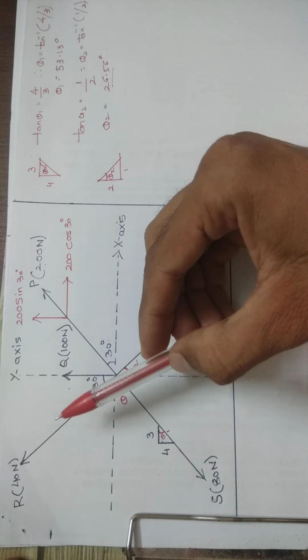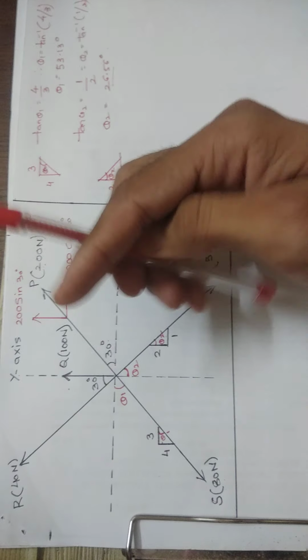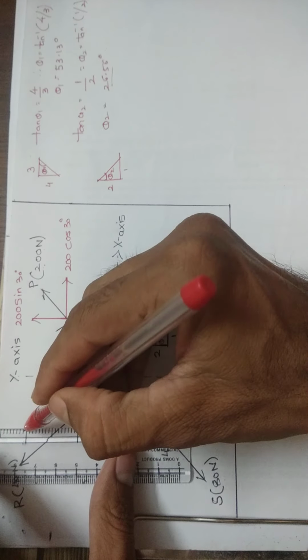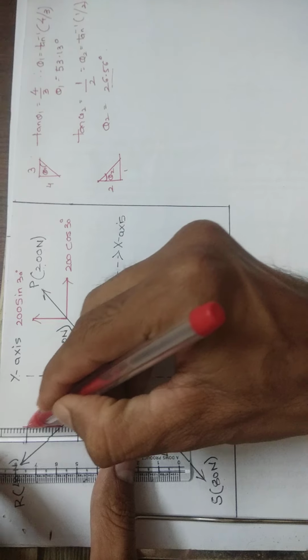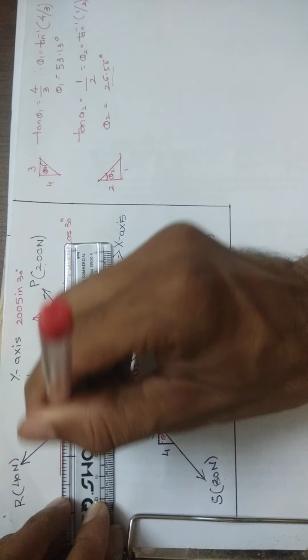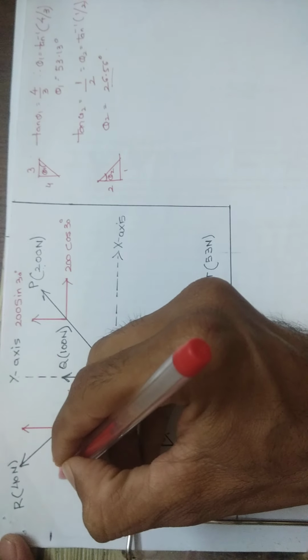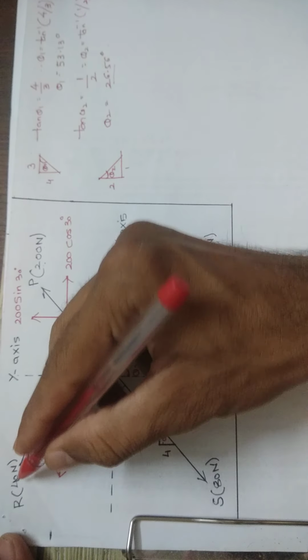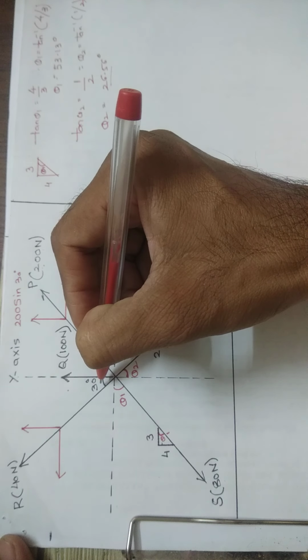That means the y component will be cos theta and the x component will be sin theta. So again, the same way, we draw the forces along the same line. This 40 Newton makes an angle of 30 degrees with the vertical.